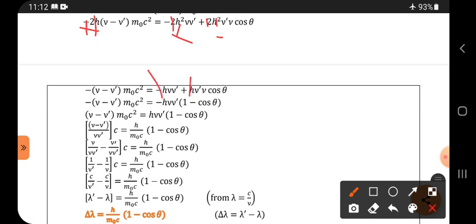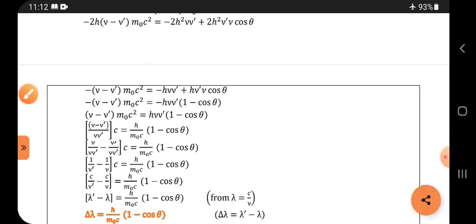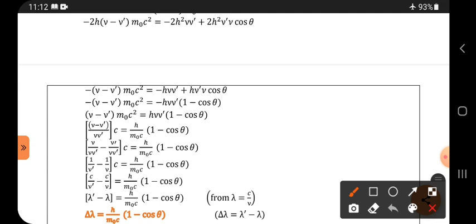Here h is present, here h is present. Now the minus can also be cancelled, so here the minus is taken outside. What is taken outside is minus h new dash, then it is 1 minus cos theta. When you take h minus h new dash common outside, only then do we get 1 minus cos theta here.